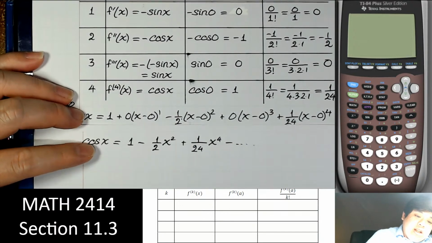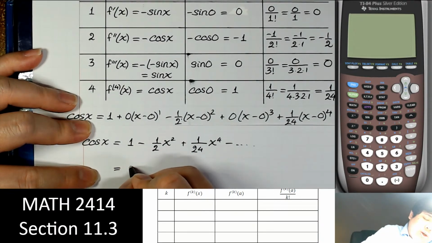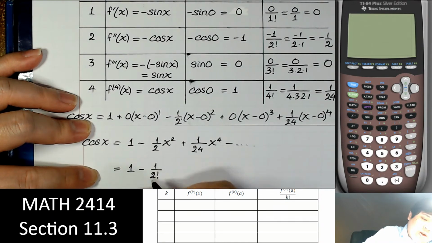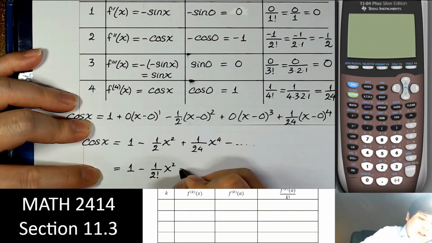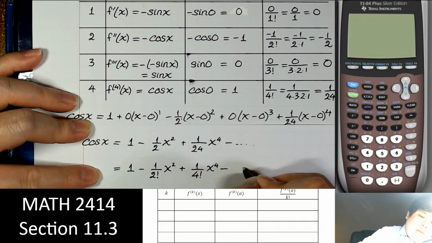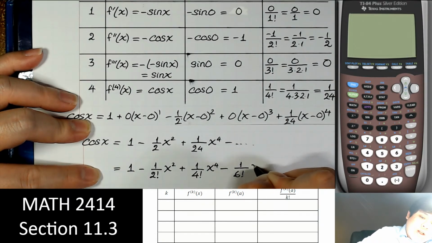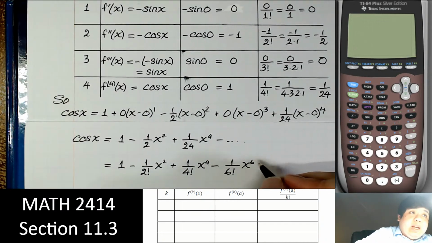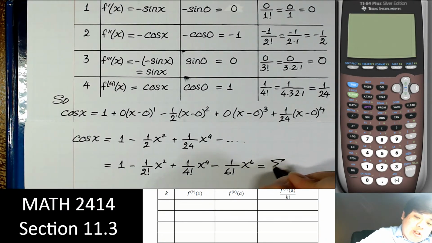Instead of doing this, we can write 1 minus 1 over 2 factorial x squared plus 1 over 4 factorial x to the fourth, minus, if we keep going, it will be 6 factorial x to the 6th.